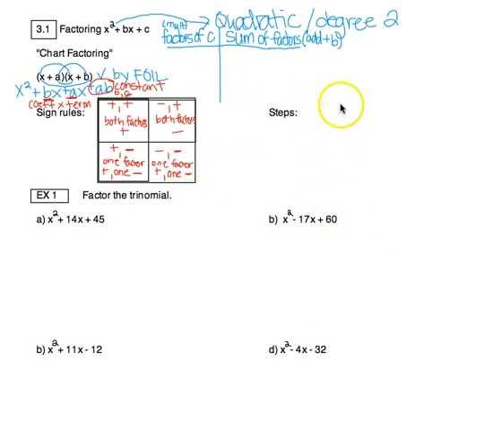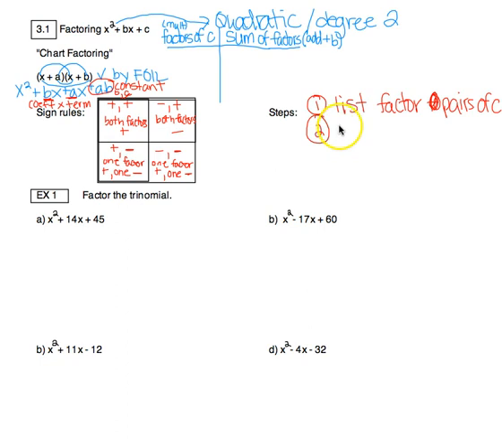The steps you're going to follow to factor these are just in your chart. First step in your chart is to list all the factor pairs of whatever your constant is.